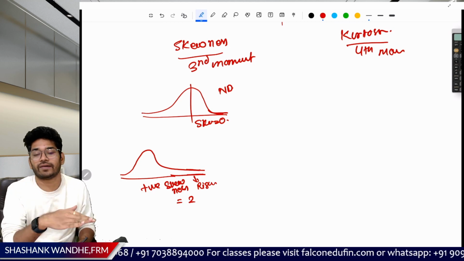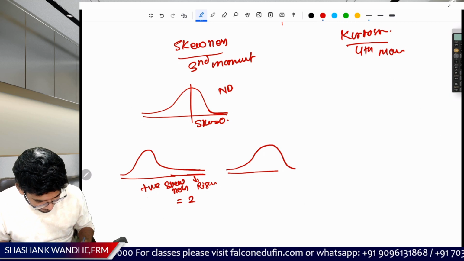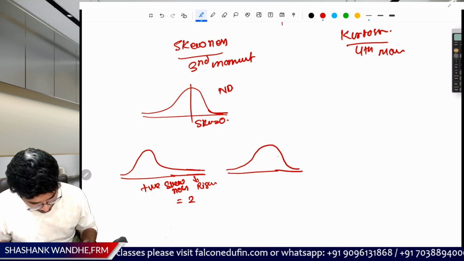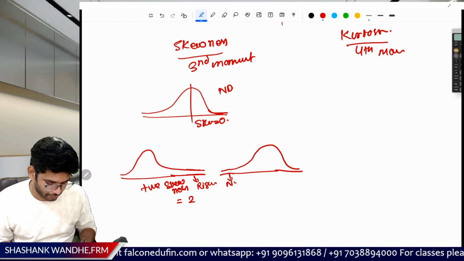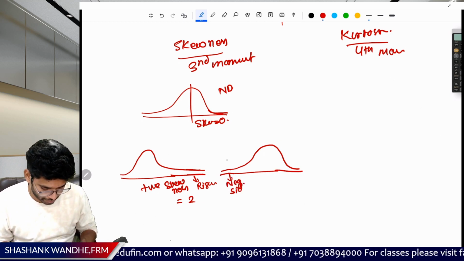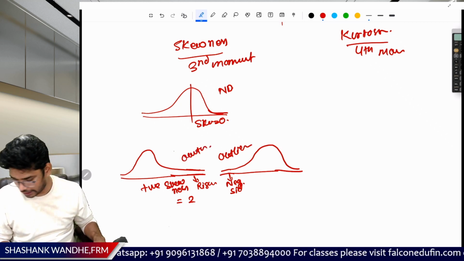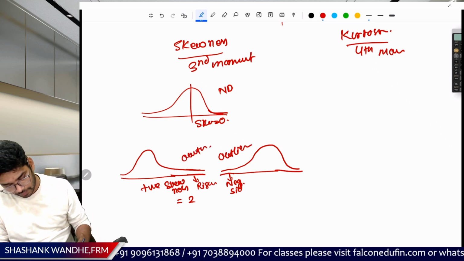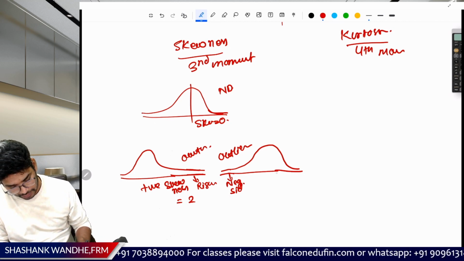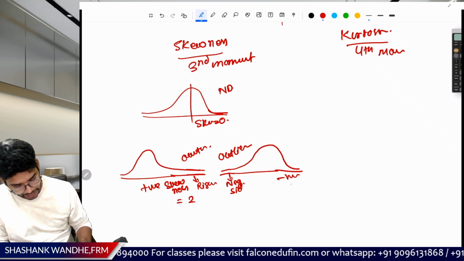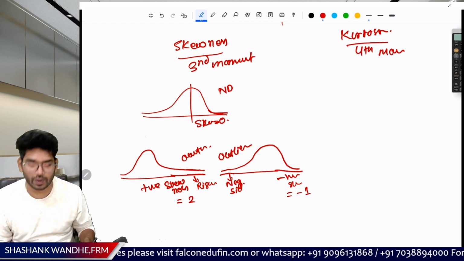Similarly, we can also have negatively skewed data, with outliers on the negative side, and skewness will be less than 0, maybe say -1.